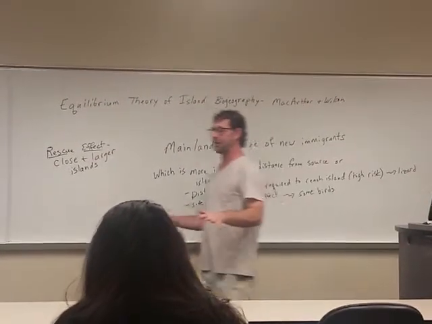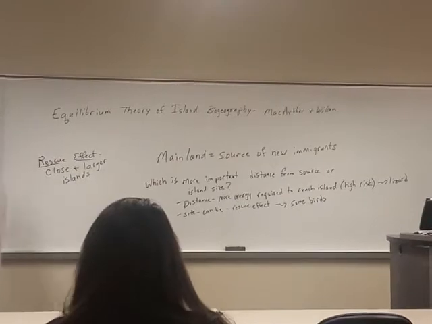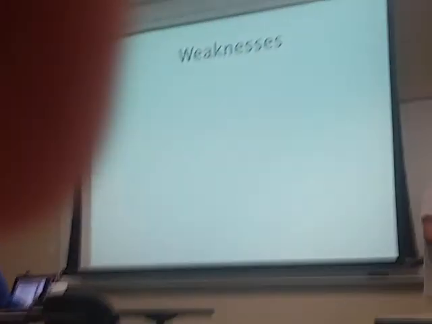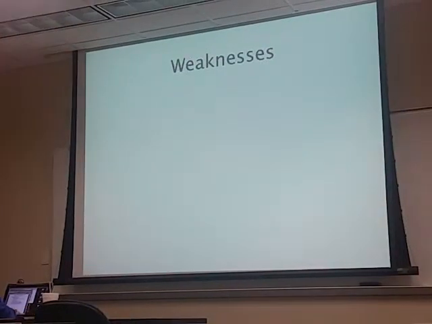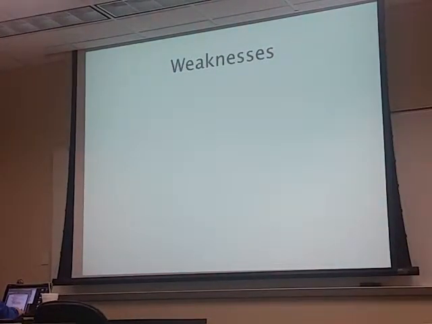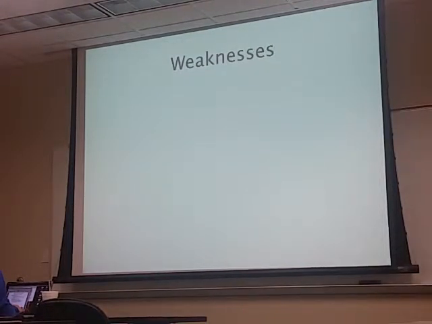Models in biology are great. You guys took, how many of you had genetics? Most of you. What's one of the basic models of genetics that you use as a null model to see whether natural selection has occurred? Hardy-Weinberg. You guys remember the Hardy-Weinberg model? Because the Hardy-Weinberg model is a neutral model. It's a null model.